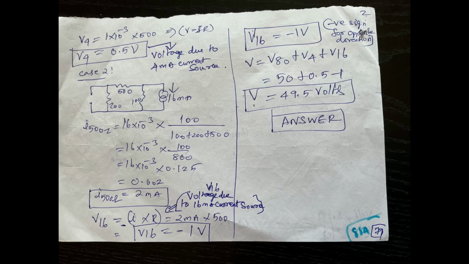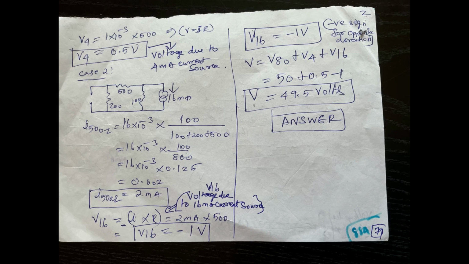V80 in the first case we found is 50 volt, V4 in the first case circuit is 0.5, and V16 in the case 2 circuit is minus 1 volt. So put minus 1.